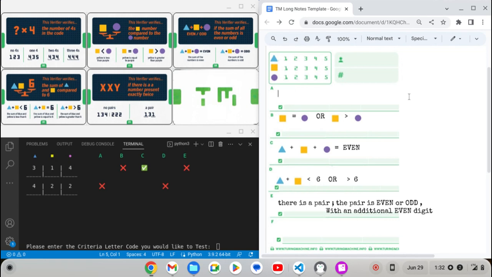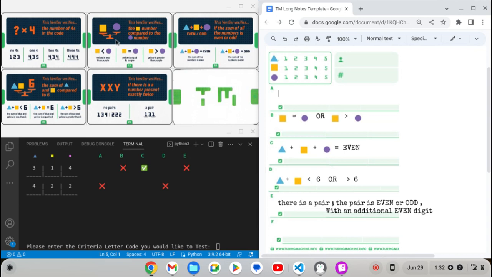Okay, so let me say this. I don't think there could be 3 4s, because if there were 3 4s, then we would know that square equals circle. And I think based on kind of gameplay for Turing Machine is that every card should bring something to the table.